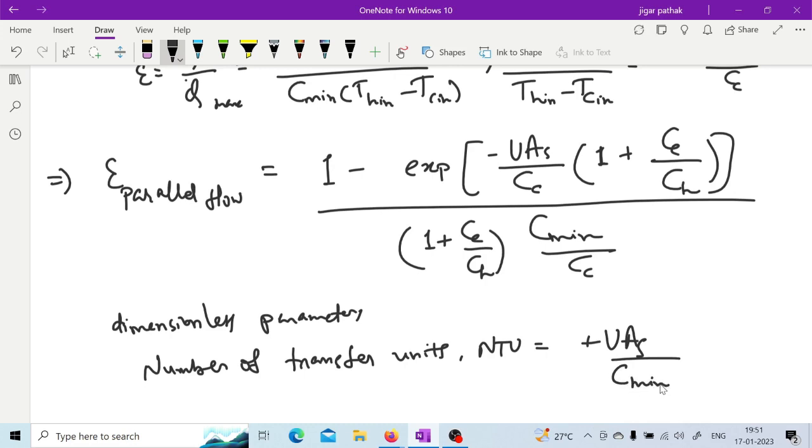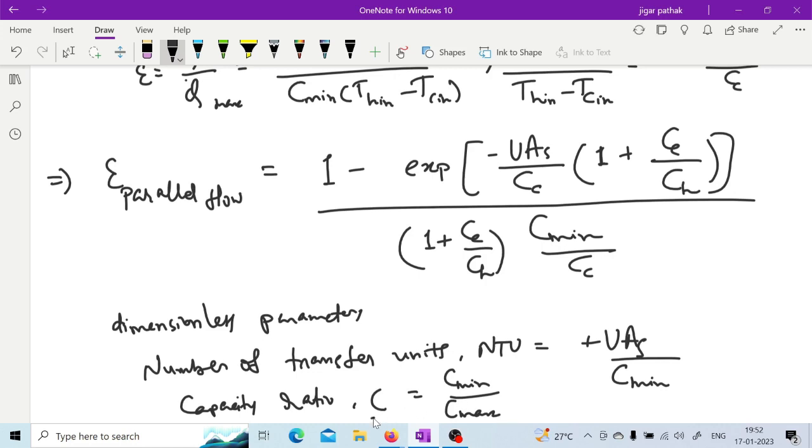Similarly, the capacity ratio is also defined as C. CC is anyway in cold fluid, so this capacity ratio C is represented as C min upon C max.